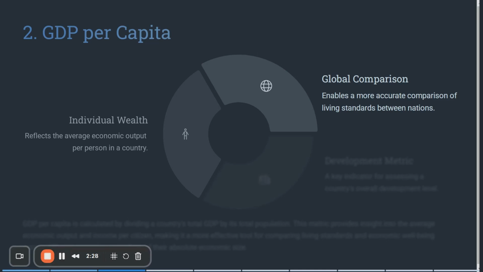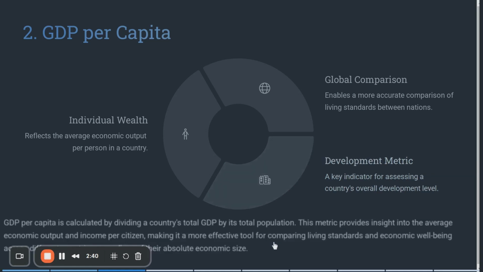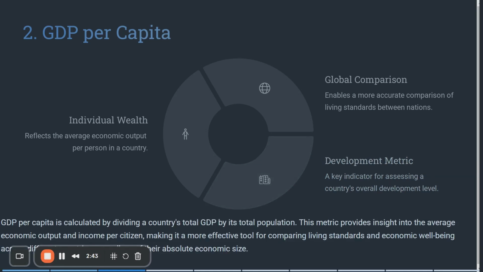Development metrics: a key indicator for assessing a country's overall development level. GDP per capita is calculated by dividing a country's total GDP by its population.